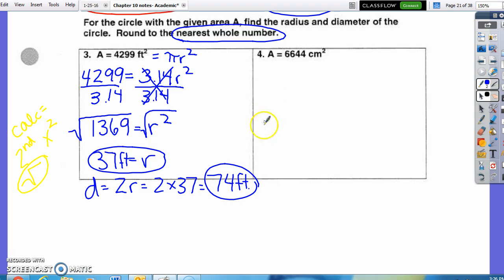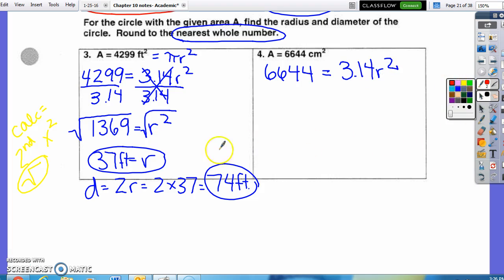So we're going to do the same thing for number 4. 6,644 centimeters squared is equal to pi r squared. So step 1, you need to divide by pi. Step 2, you need to square root both sides.